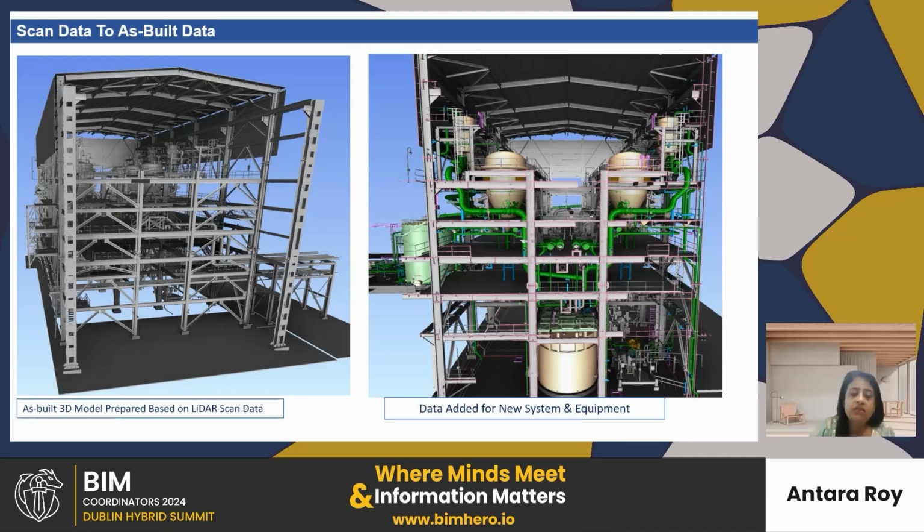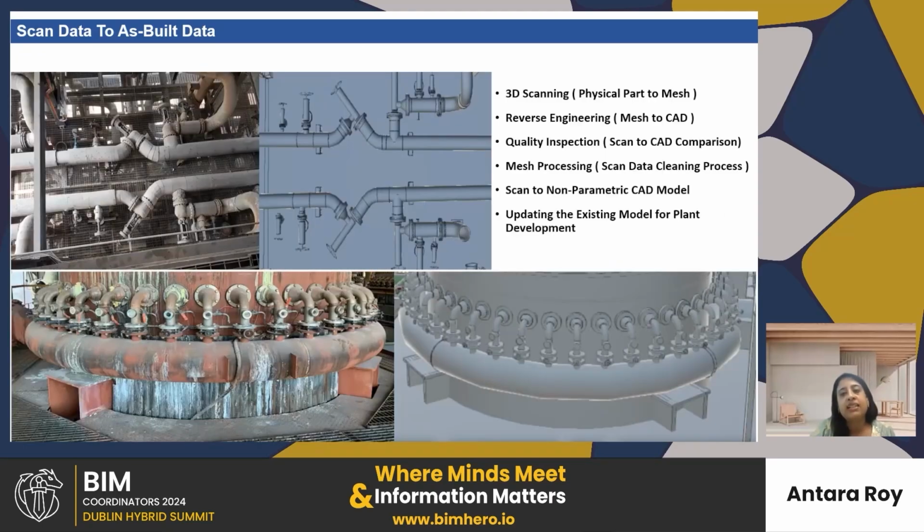And if you see this old equipment, we need to change some equipment portion. With the mesh I mentioned previously, we create the mesh to CAD. Then we do the inspection and quality check. I personally went to site and checked the data, and I found no error.